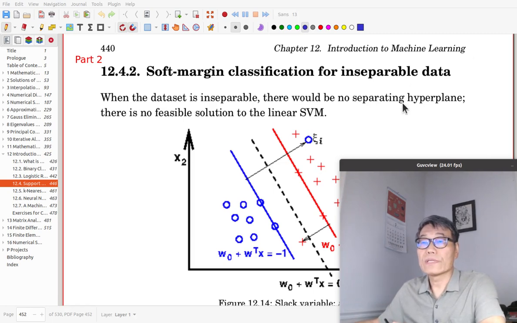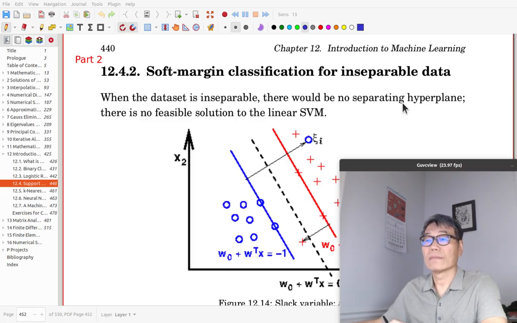In the first part of section 12.4, we studied the linear support vector machine, which works for separable data sets. What if the data set is inseparable?